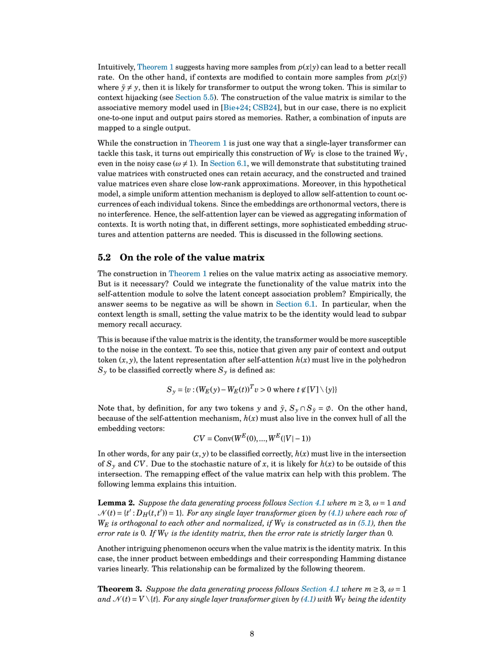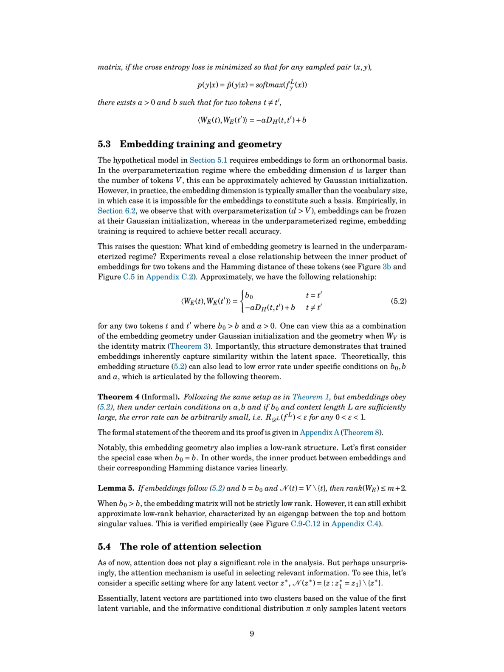The method demonstrates that transformers can accomplish memory recall by utilizing self-attention to gather information and the value matrix as associative memory. Additionally, the method sheds light on the importance of training embeddings in the underparameterized regime, showcasing how embedding structures capture similarity within the latent space.